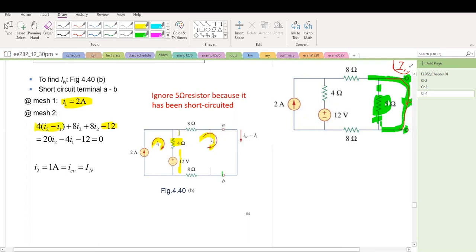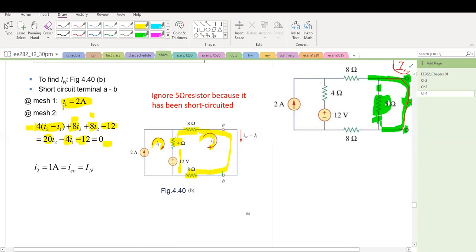And then we walk to the 8 ohm, where the current is I2, and keep going to this 8 ohm, where the current is I2 as well. The coefficient of I2 is 4 plus 8 plus 8, so that's 20 I2, and I1 gives minus 4 I1, minus 12, equals 0.